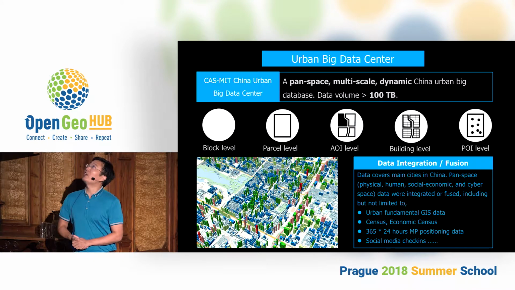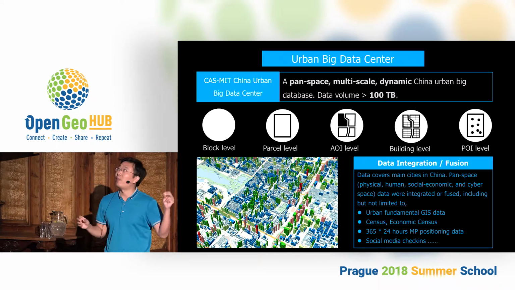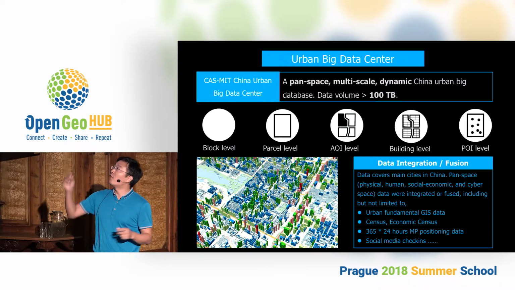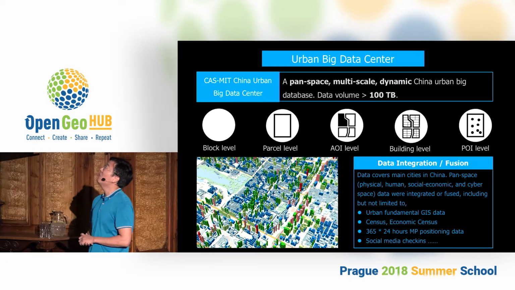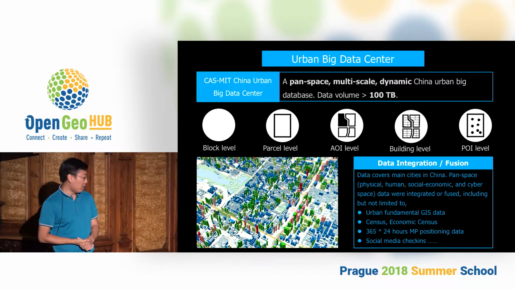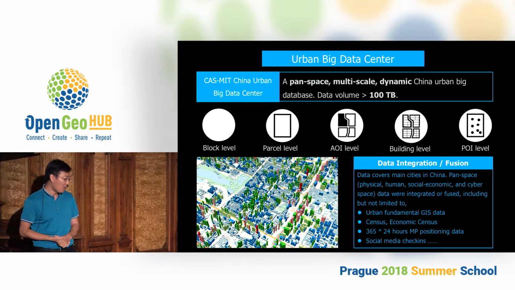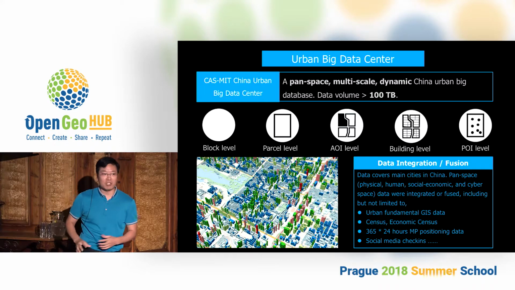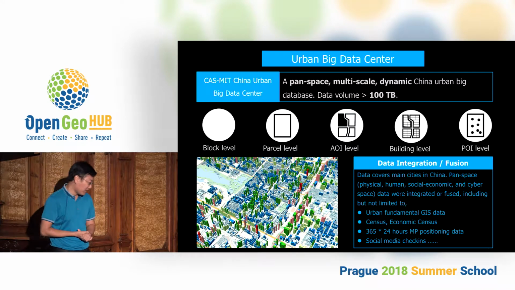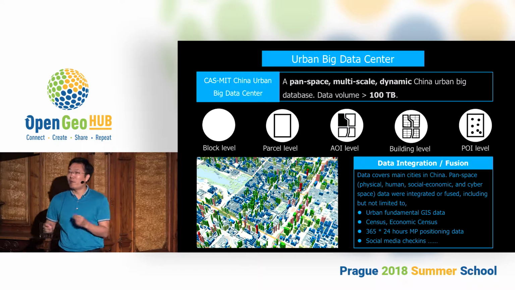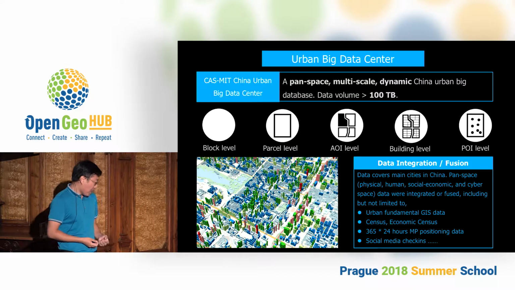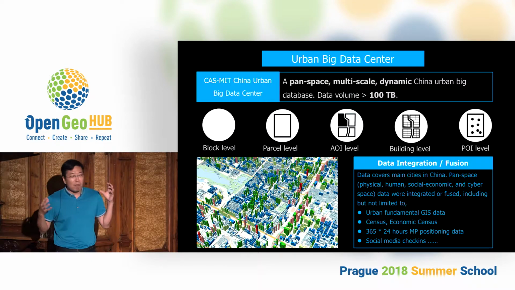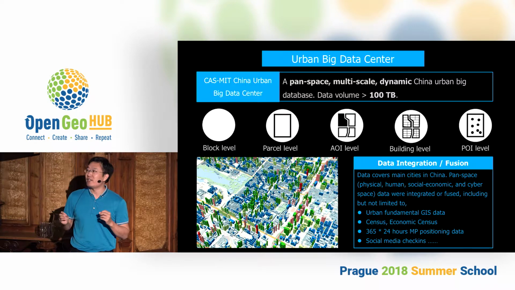The target is to contain full pan-space data, multi-scale from the block level, parcel level, area of interest level, building level to point of interest level, and the data must be dynamic to determine our city. The data volume is more than 100 TB now. It covers almost all cities in China.